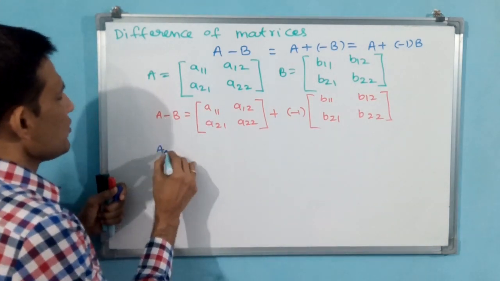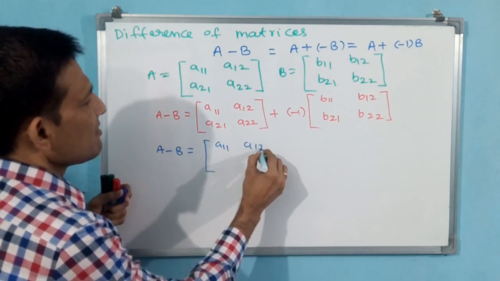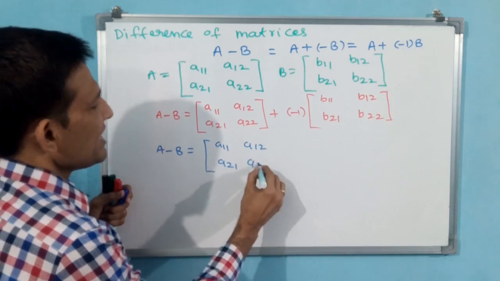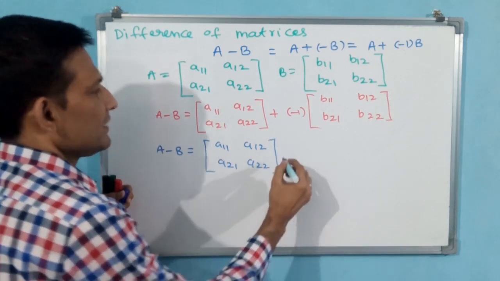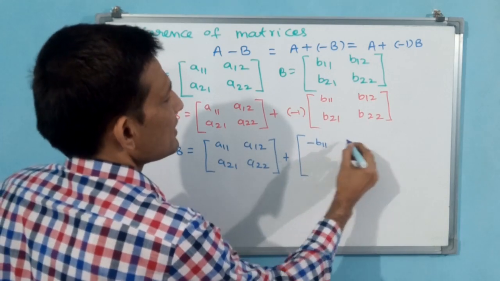Now finally how is it going to become? A minus B is equal to A11, A12, A21, A22, okay, plus all are going to become negative.